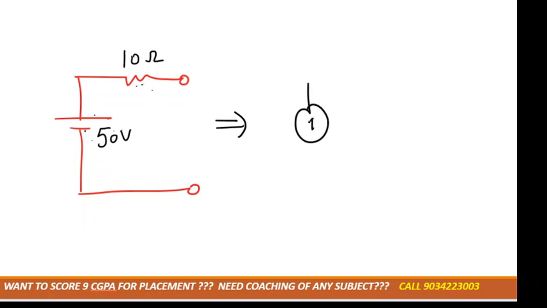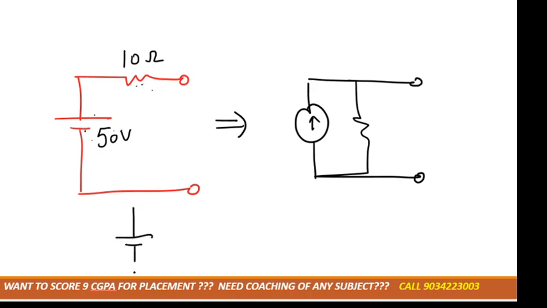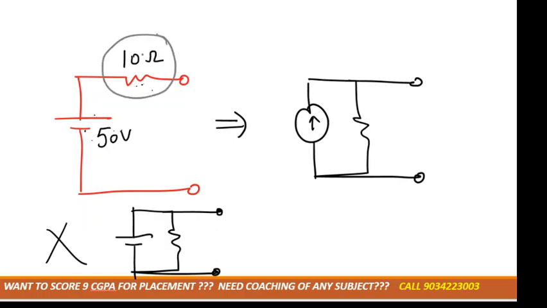Then only we can convert this voltage source into a current source. If the voltage source is connected in parallel with the resistance, then in that case we can't convert it. Understood? The same resistance which is connected in series will be connected in parallel with the current source.